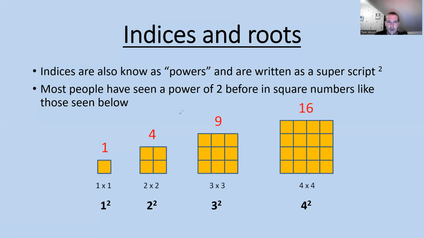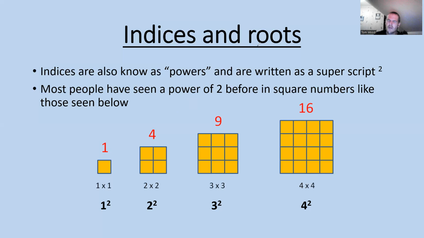With 10, I could write maybe 10 to the 30 like this. What that would mean is 10 multiplied by itself 30 times. If I had to write that number out every single time, I'd have to do 1 and then 30 zeros. I'm going to use a lot of paper. We want to save the planet.